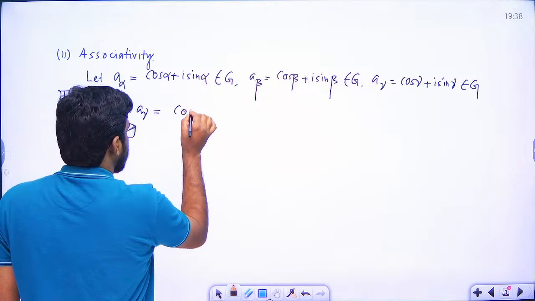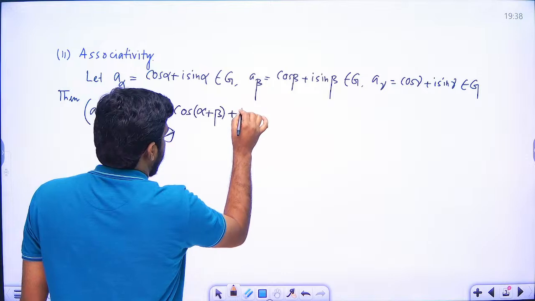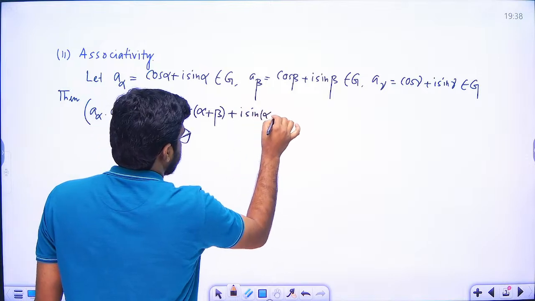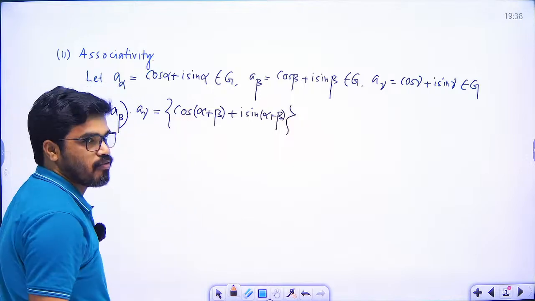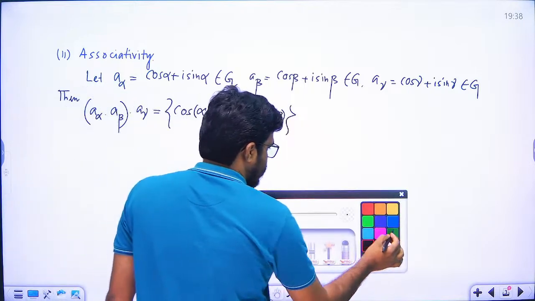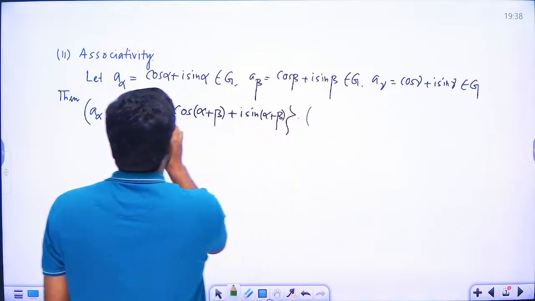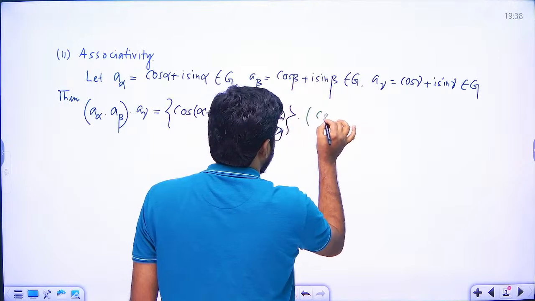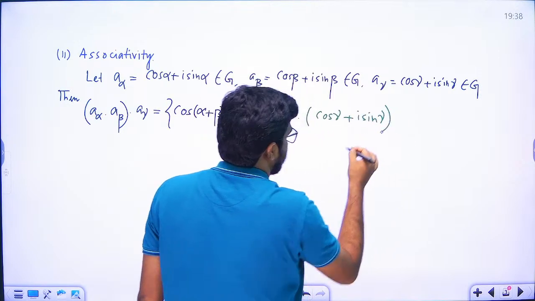Cos alpha plus beta plus I sin alpha plus beta. So this is basically A alpha dot A beta, right? Dot, what is A gamma? A gamma is cos gamma plus I sin gamma.